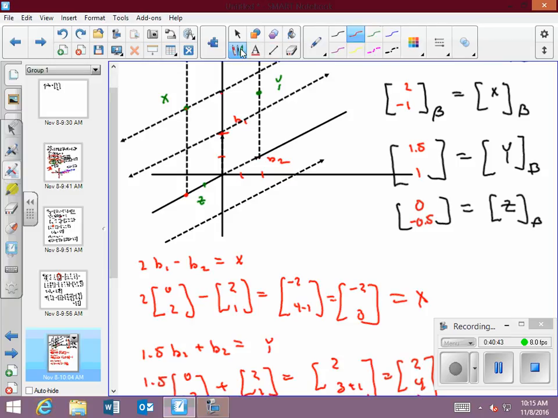Z is actually right here. So then this would have to be a minus, and then it's a negative 0.5.